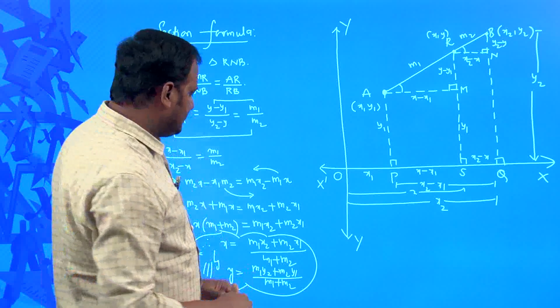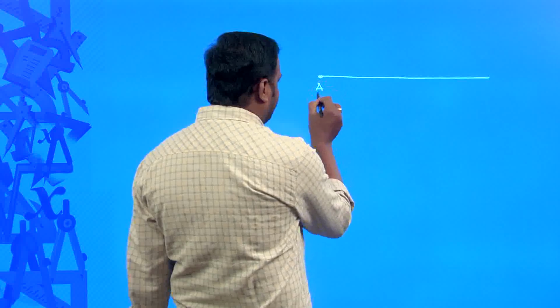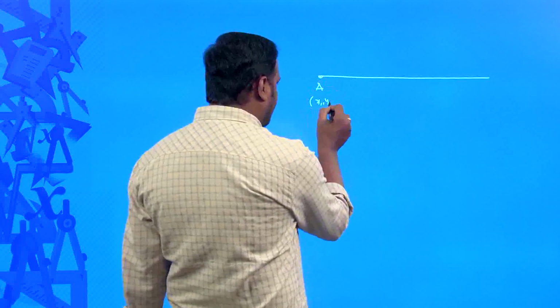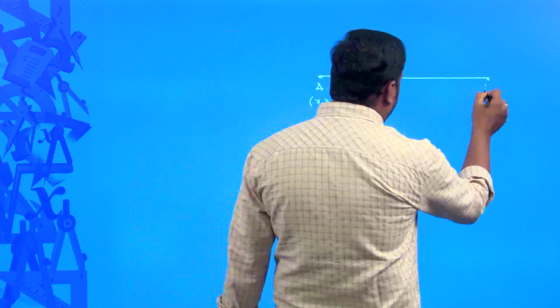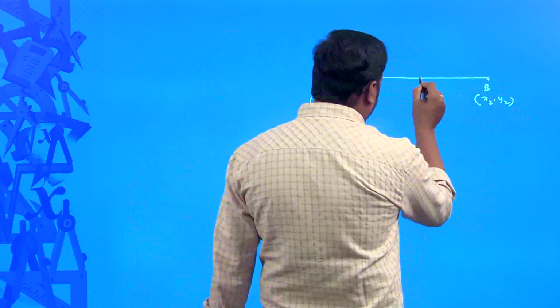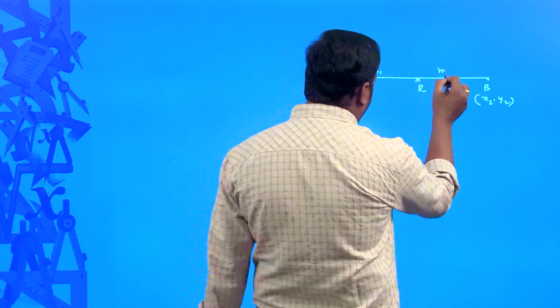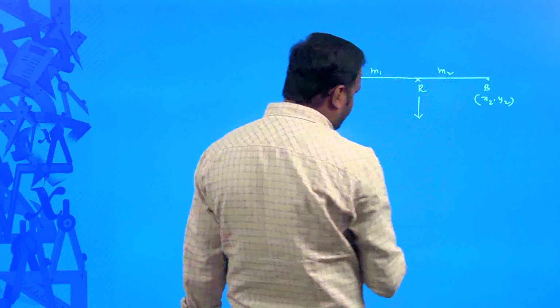Hope you understand. I will just repeat this in order to remember it for a long time. This is a line segment joining 2 points, A (x1, y1) and the second point B (x2, y2). For example, there is a point, let it be R, in the ratio M1 is to M2. What is that point R?